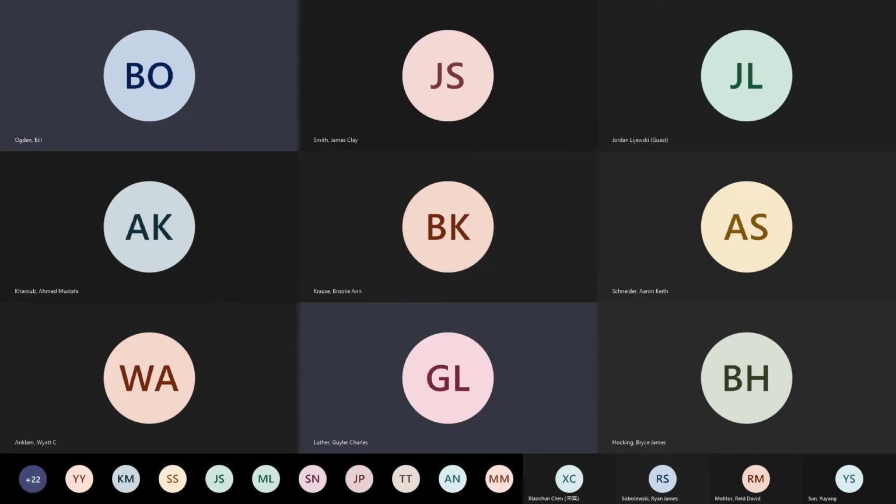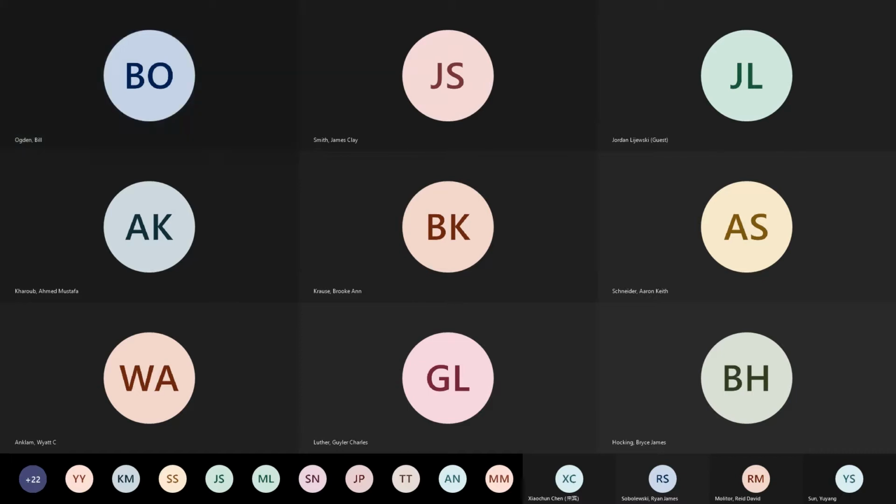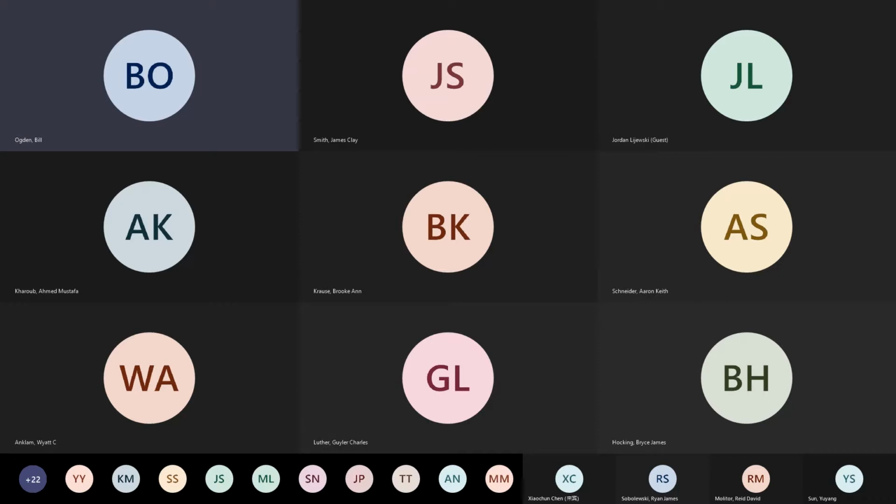Yes, I know exactly where it is. I can't get to it because I can't move this. I have the Teams screen here, and I can't reposition it. I can't get to the top of it. Oh, this is not funny. I just can't get to it. I'll tell you what, I'm going to sign off for just a moment. I'll come right back. I'm just going to close this. I don't know any other way to do this.